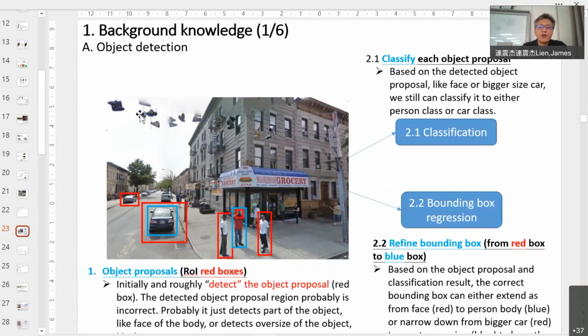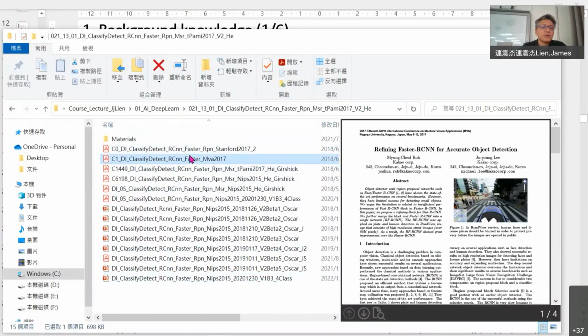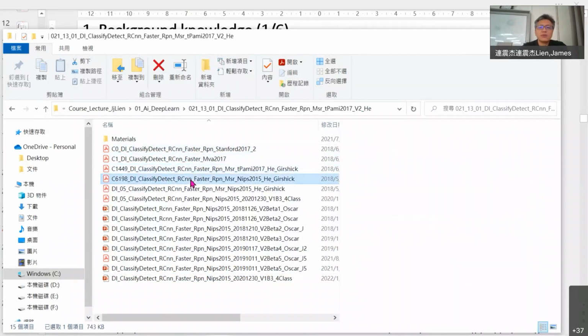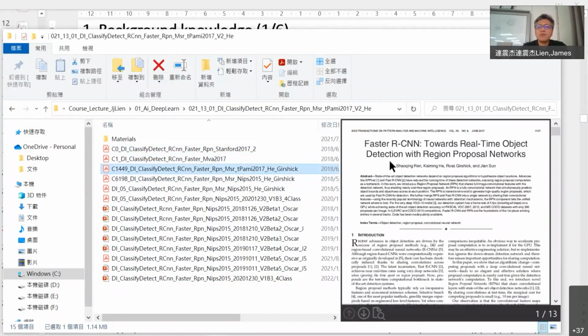For the first R-CNN, the paper is here. The important part is the region proposal network.